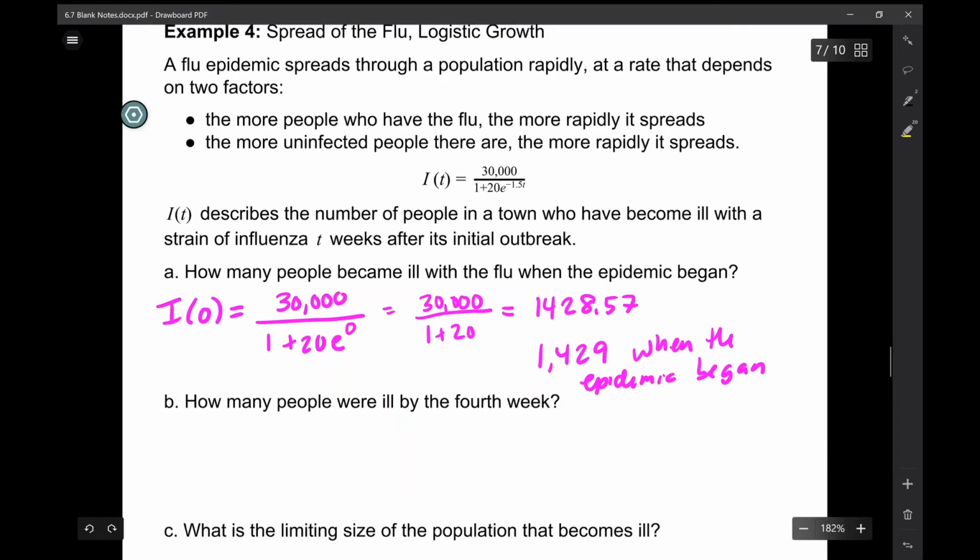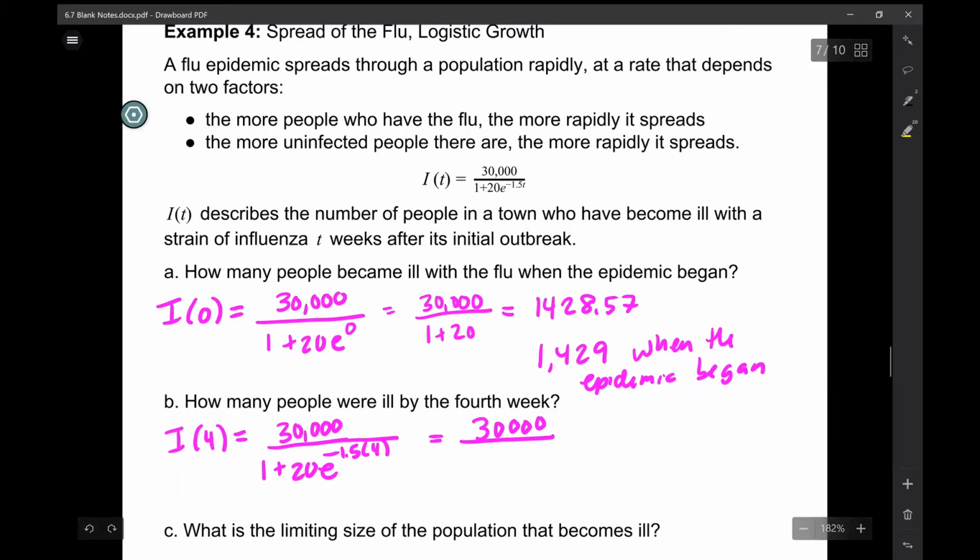How many people were ill with the flu by the 4th week? Well, t is given in weeks, t weeks after the initial outbreak. So if we're talking about the 4th week, we're going to set t equal to 4. So we're going to find I of 4. That's going to be 30,000 over 1 plus 20 e to the negative 1.5 times 4. All right, so we're going to use our calculators to come up with some values here.